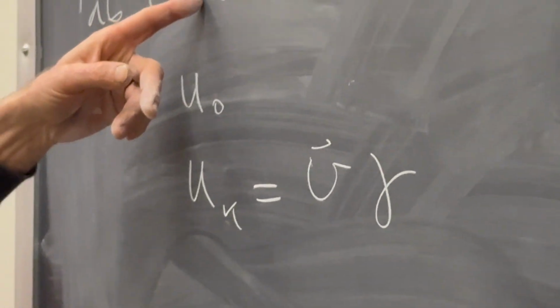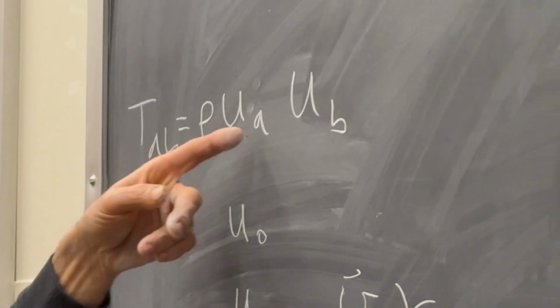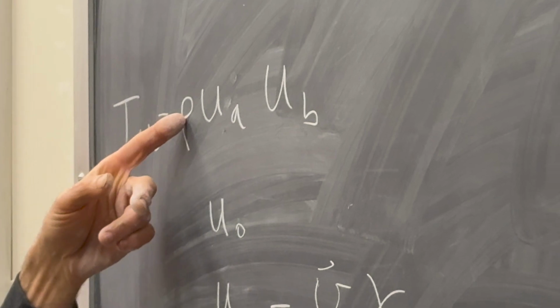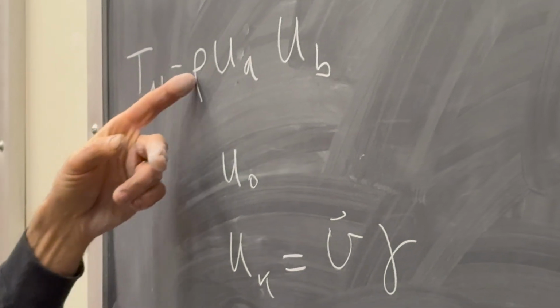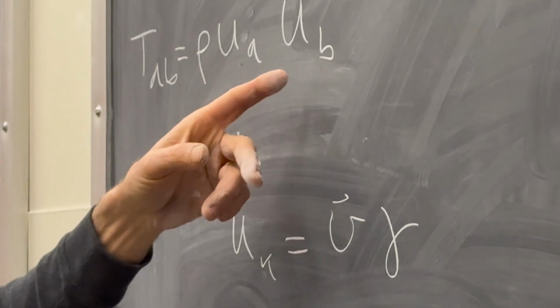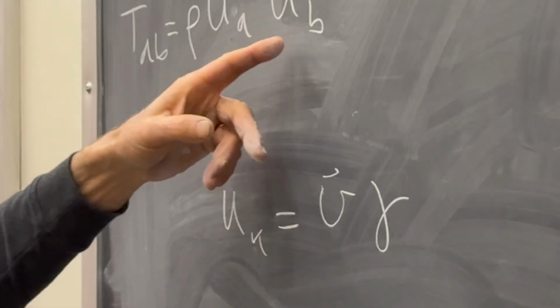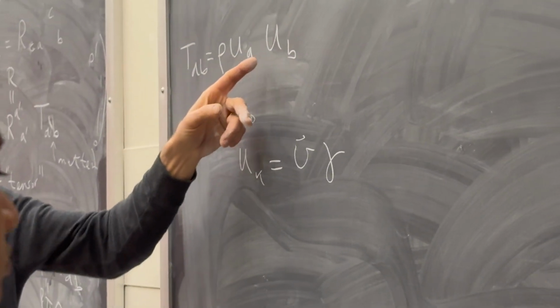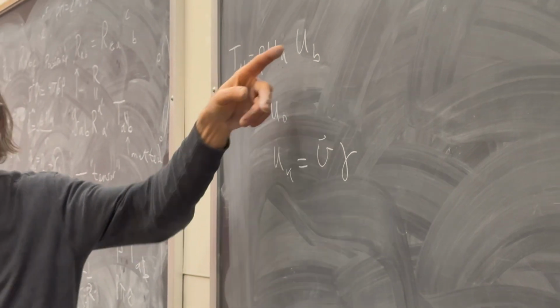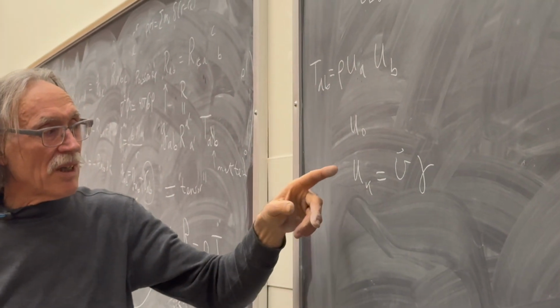So that means the 0k components are kind of the momentum. This is a typical mass density per unit volume, so that gives you a mass times a velocity as a momentum.